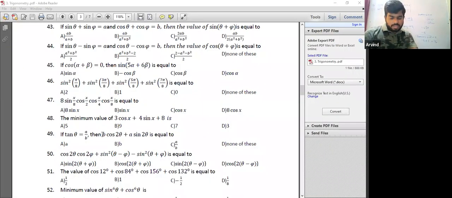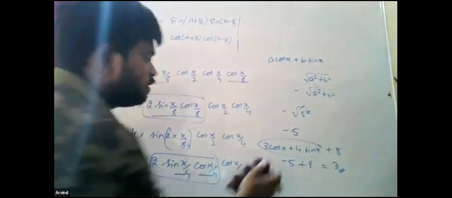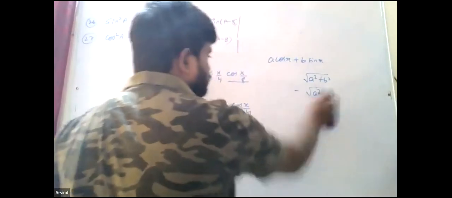If tan theta is equal to a by b, then b cos 2 theta plus a sin 2 theta is equal to what? Okay, I'll not waste time. Let us do it.